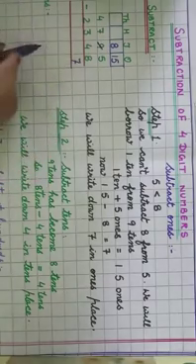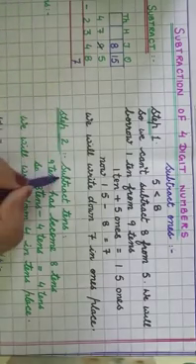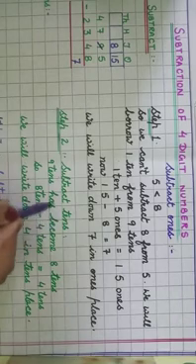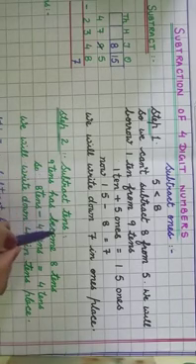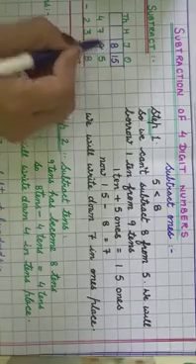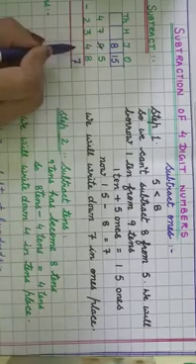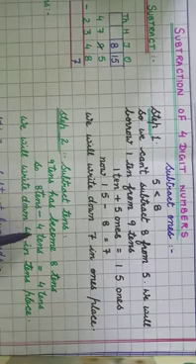Now the second step is subtract tens. Now 8 tens minus 4 tens is equal to 4 tens.